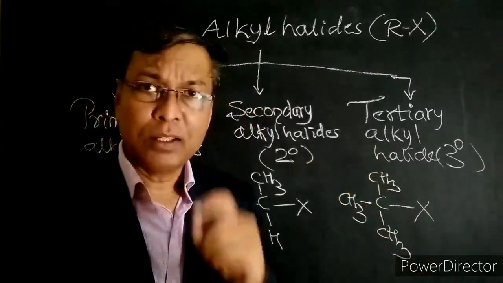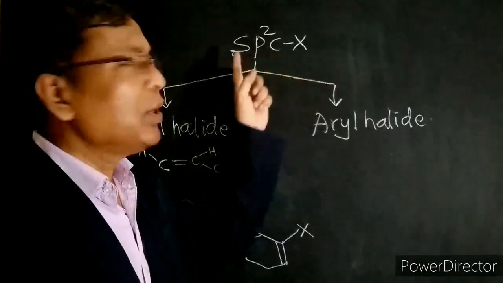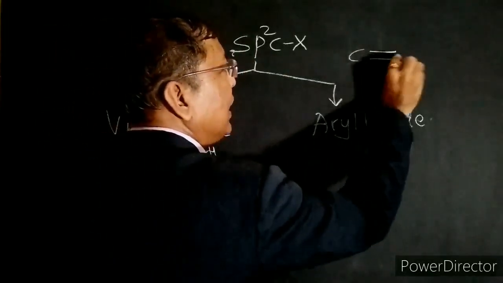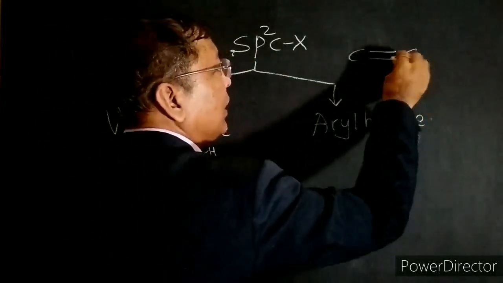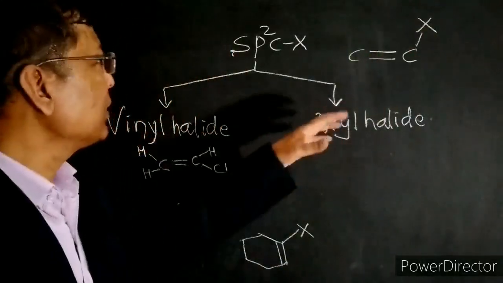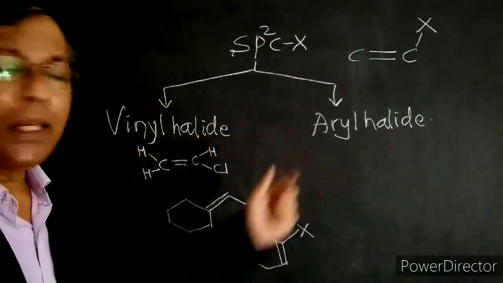and it is represented by 3 degree. When the halogen atom is attached to an sp2 hybridized carbon atom, that means when the halogen is attached to a doubly bonded carbon atom like this, these are further classified into vinyl halides and aryl halides.